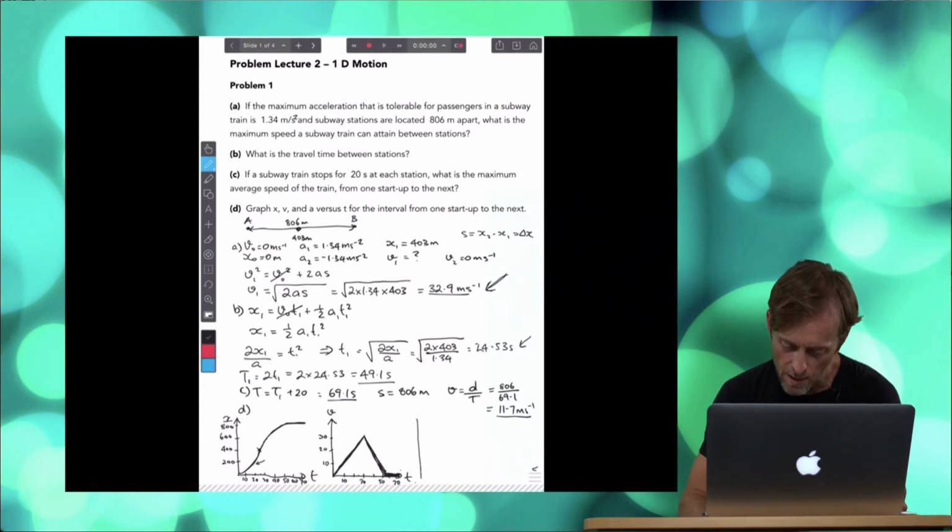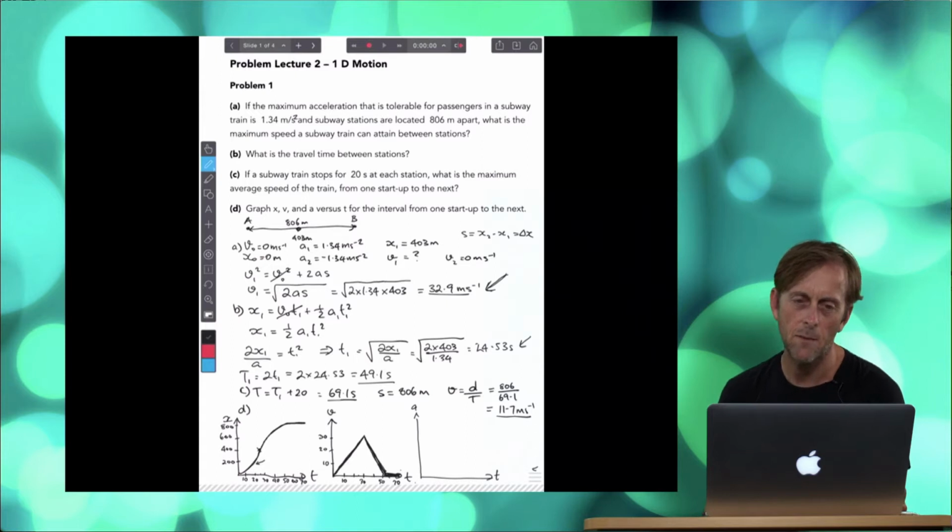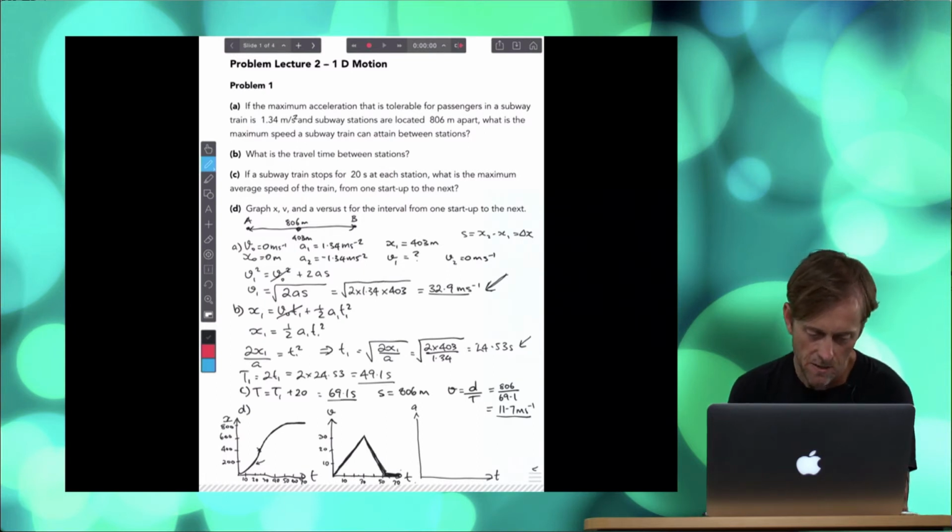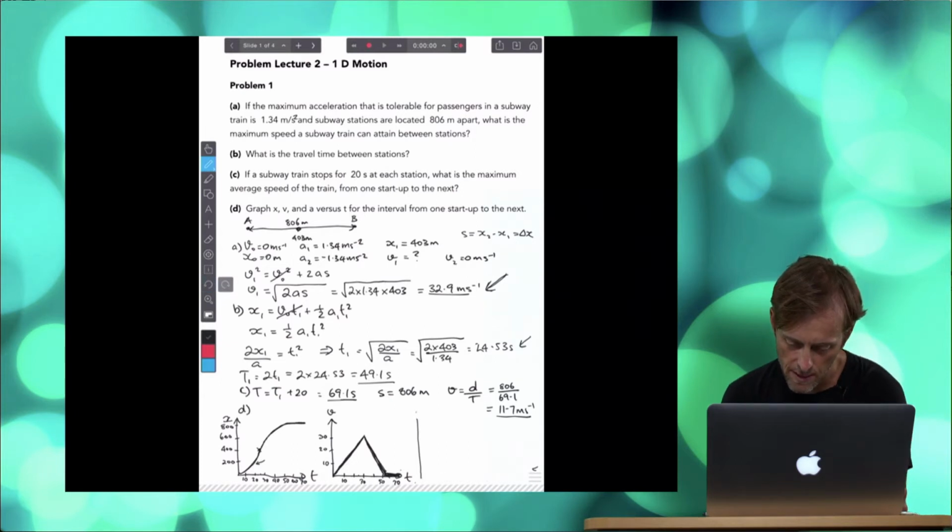And we need to draw one more graph, which is the acceleration versus time. And we know basically that's pretty straightforward. We accelerated at 1.34 meters per second squared at the start for 25 seconds, and then we decelerated. So it's probably best actually if we were to draw our axes a little differently here, like this, and make this 1.34, make this minus 1.34 down here.